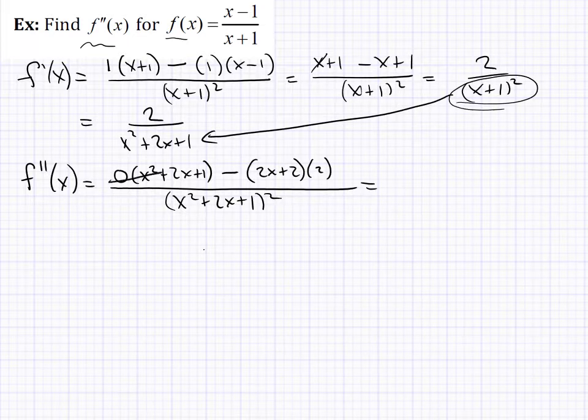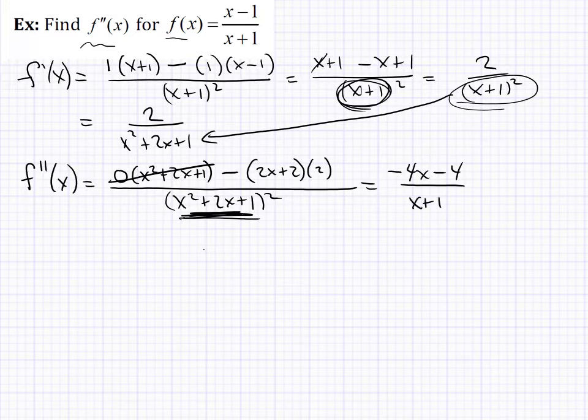Well, this is 0 times that, so that's gone. This will be minus 4x minus 4 over this squared. But remember, this was this. So if I take this x plus 1 squared and I square it again, I really have x plus 1 to the fourth.